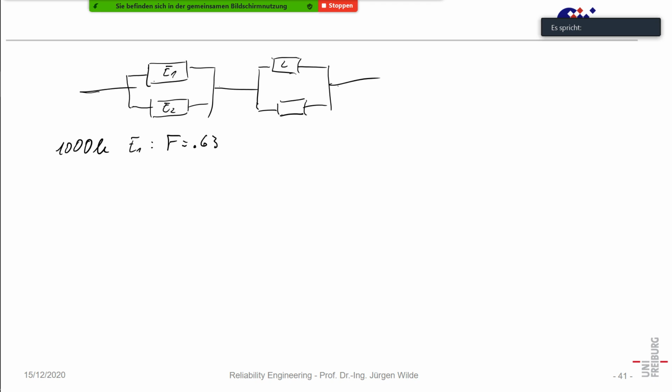E2, E3, E4. E1, E2, F, that both fail is 0.63 square.